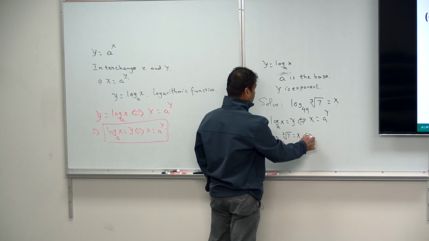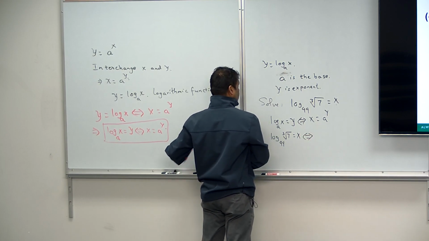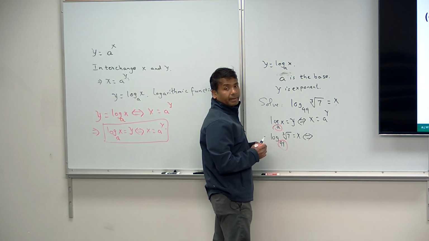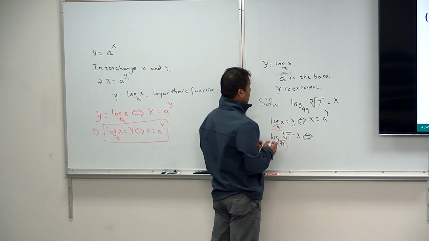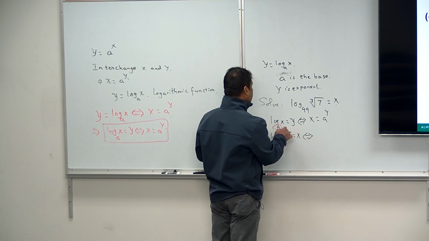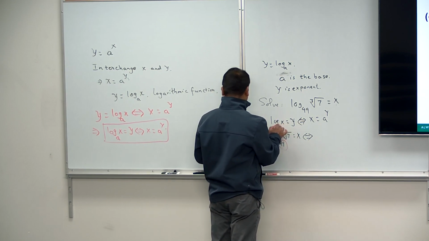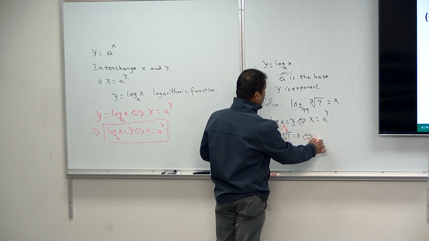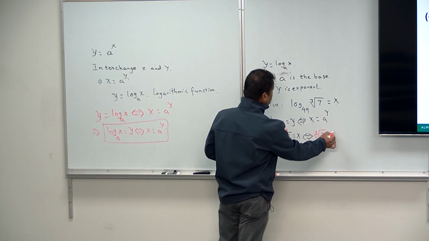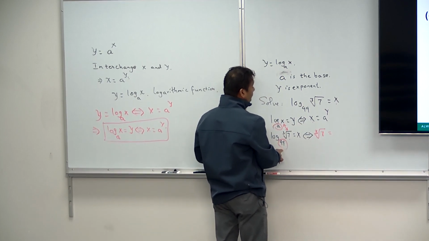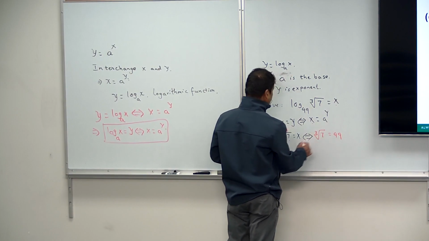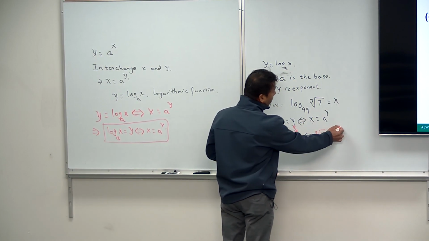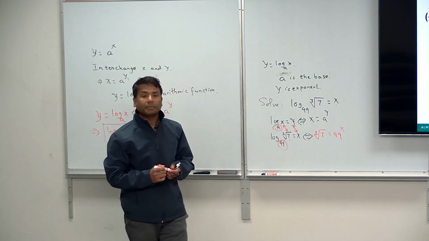So now if you look here, you see in place of a you have 49, right? And in place of x, what do you have? In place of x you have cube root of 7. So write down cube root of 7 here equal to, in place of a you have 49, so write down 49 here, and in place of y you have x, so 49 raised to the power x.